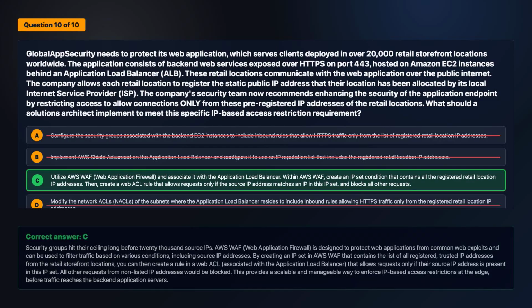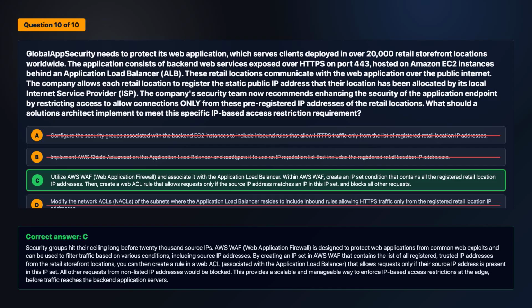The correct answer is option C. Security groups hit their ceiling long before 20,000 source IPs. AWS WAF, Web Application Firewall, is designed to protect web applications from common web exploits and can be used to filter traffic based on various conditions, including source IP addresses.